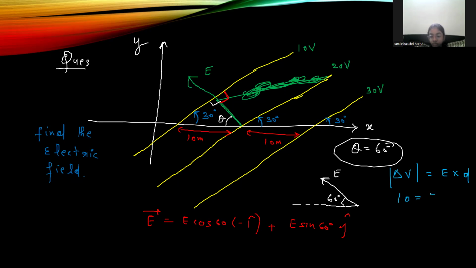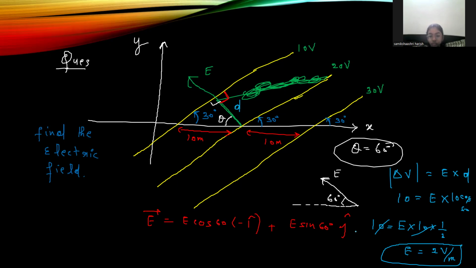What is d? d is this, and theta is 60, so d is 5 cos 60. Cos 60 is half. Tell me the answer: E will be 2 volt per meter. Clear?